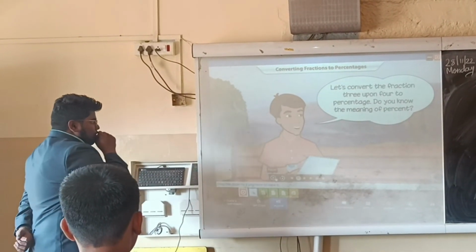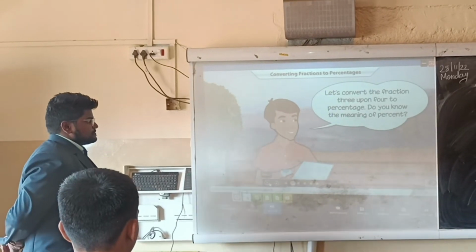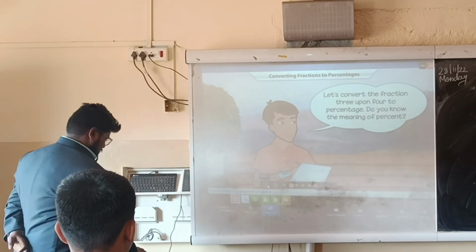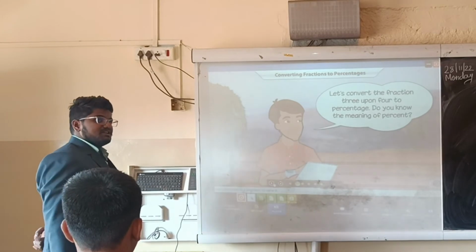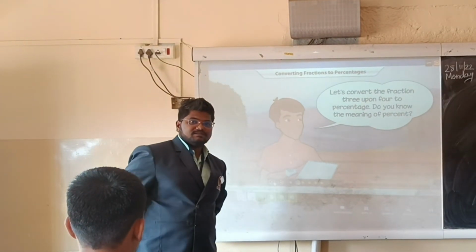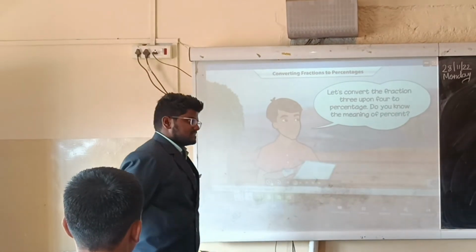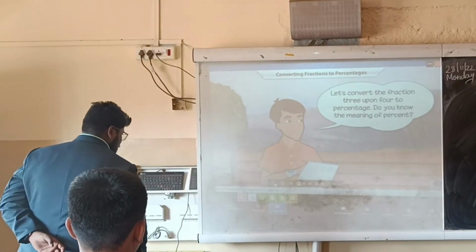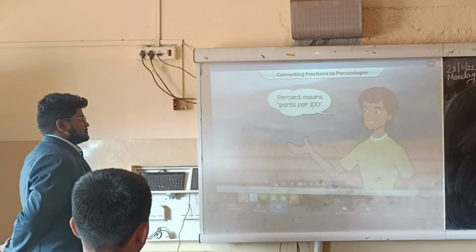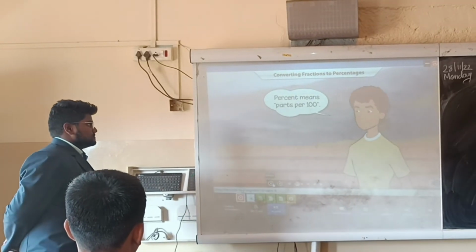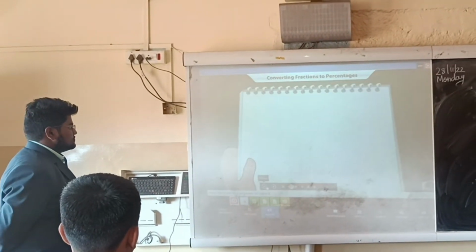Let's convert the fraction 3/4 to percentage. Do you know the meaning of percent? I have told you in the previous video, percent is per 100. Percent means parts per 100. Correct.